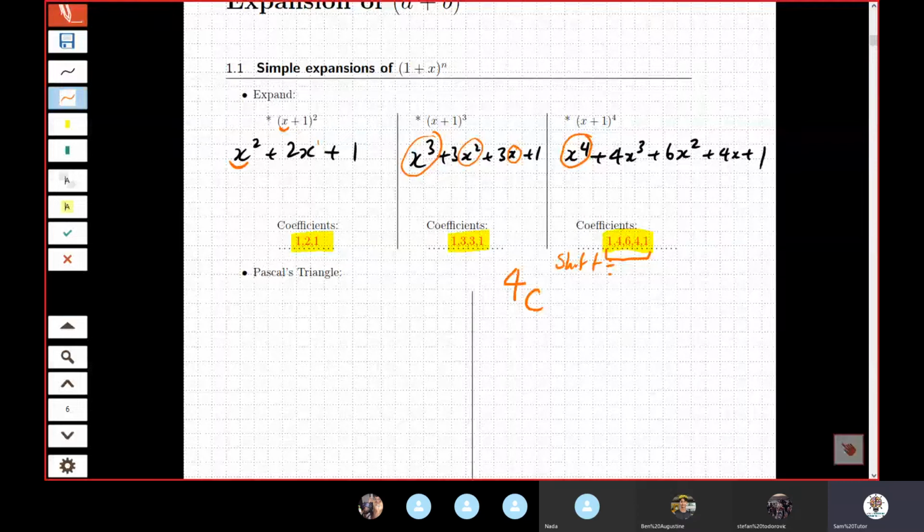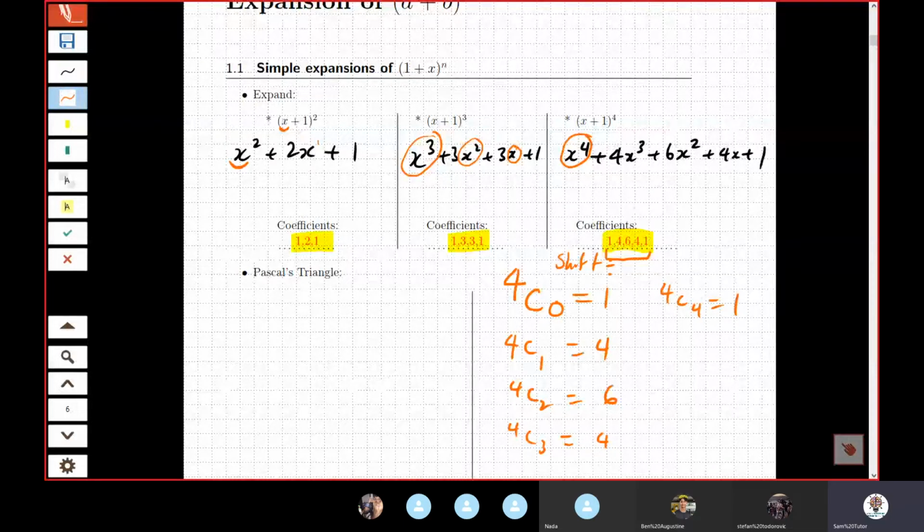So 4 choose, and then your first one you're going to try is 0. 4 choose 0. That should say 1. Then you'll do 4 choose 1. Then you'll do 4 choose 2, 4 choose 3, and then 4 choose 4. And then you've got 1, 4, 6, 4, 1, exactly as we needed.